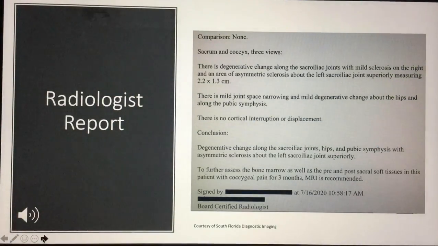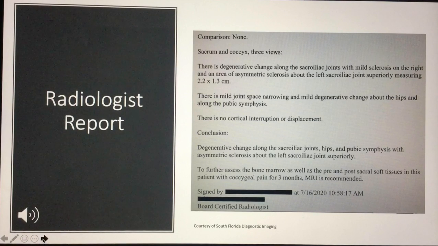Here you can visualize the radiology report that South Florida Diagnostic Images was very kind to let us have a copy of to do this project. The note says the patient presents degenerative changes on the sacroiliac joints.